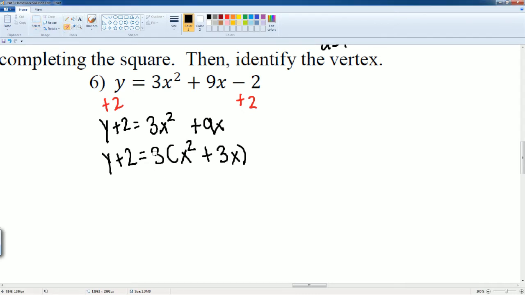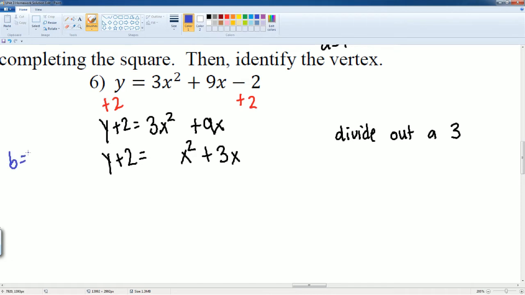This is the way I do it. I divided out a 3. That's how I get this. Now I can complete the square. Don't freak out, because I could always bring this back in. Now I'm going to complete this square.